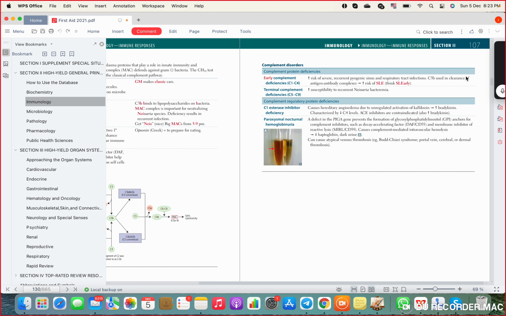ACE inhibitors inhibit that. Oh, okay. Sacubitril. That's what I was going to tell. Neprilysin inhibitor. So that will inhibit angiotensin 2, and also bradykinin destruction. Not only angiotensin 2. Okay? Oh, okay. So that also affects bradykinin.